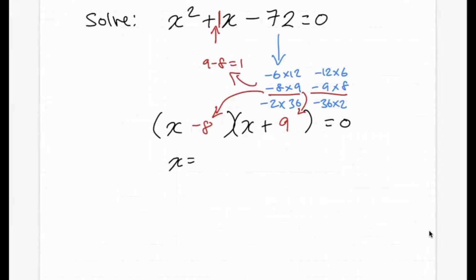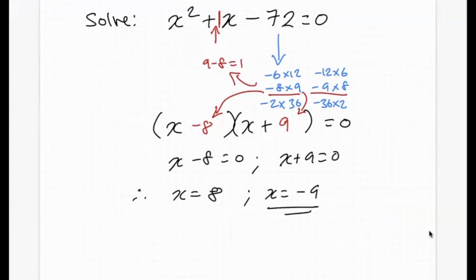So now x minus 8 equals 0 and x plus 9 equals 0. So therefore x equals 8 and x equals minus 9. So these are our two solutions. So this graph is going to cross the x-axis at 8, 0 and minus 9, 0.